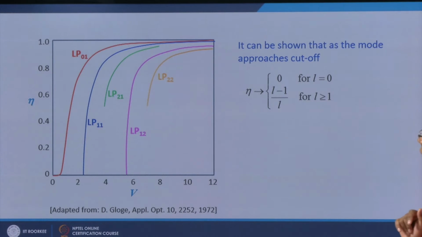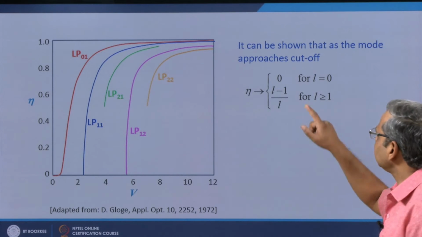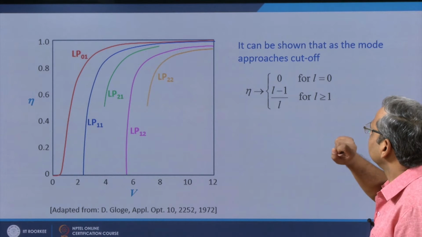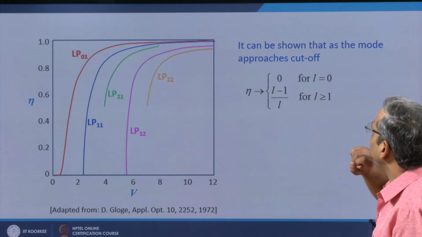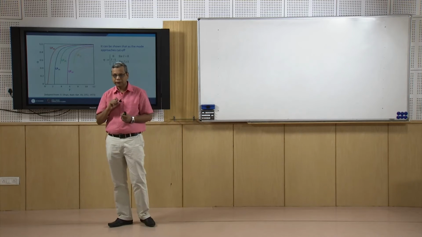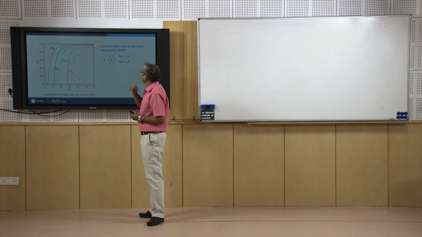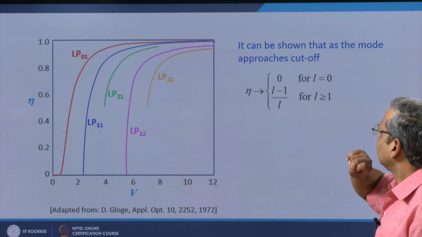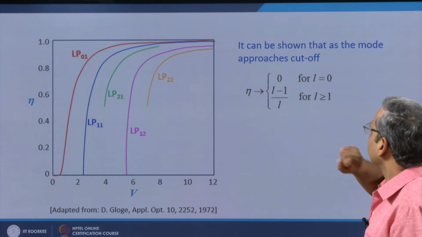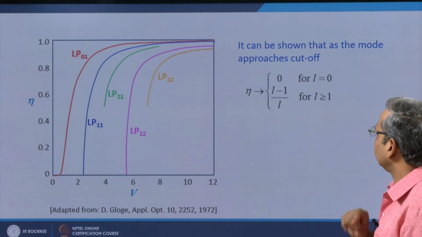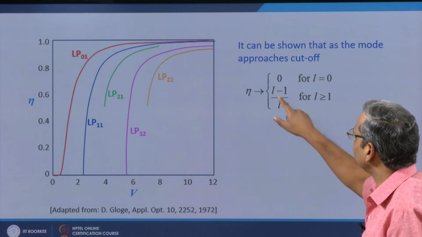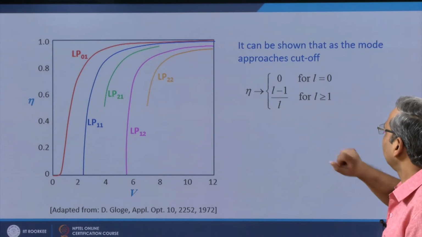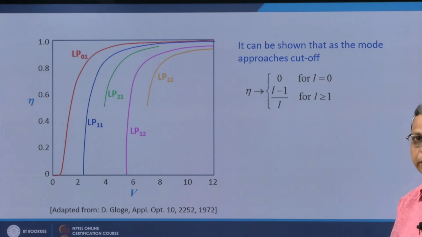And if I do a little mathematics, I can show that for L is equal to 0 mode, as the mode approaches cutoff, then the fractional power can be given by eta tending to 0 for L is equal to 0, and eta tends to (L minus 1) over L for L greater than or equal to 1.